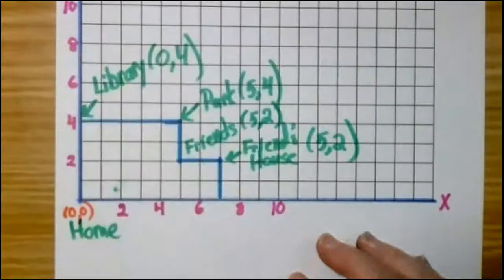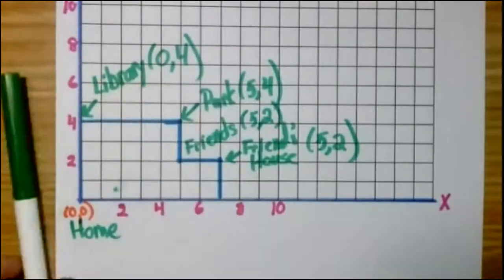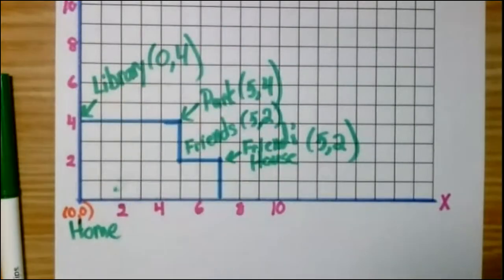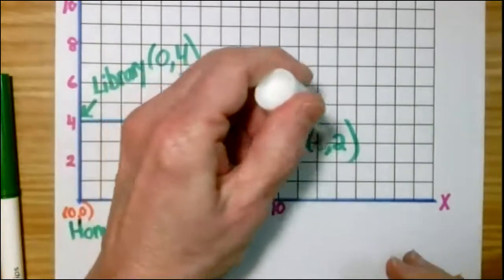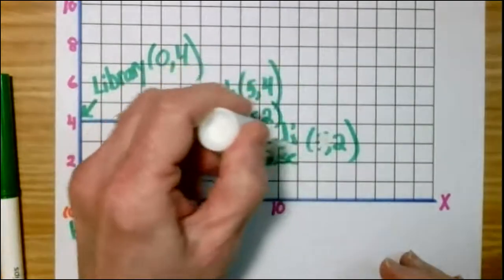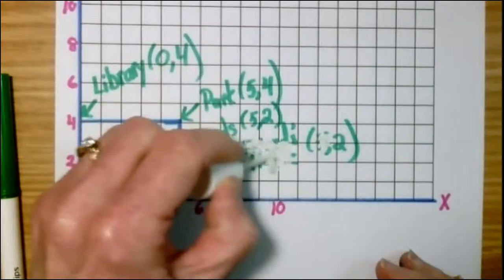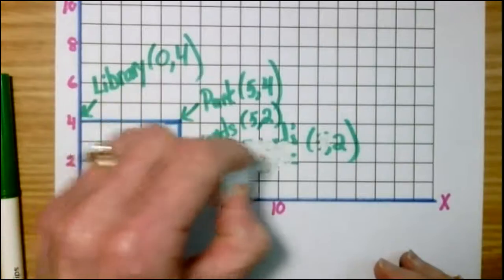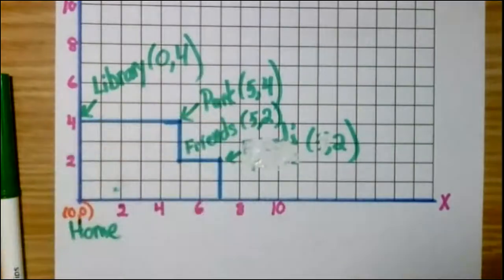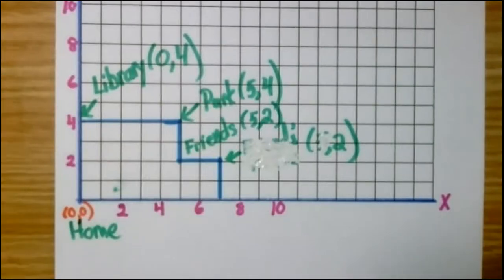Hope some of you out there noticed that. So this is not the friend's house. This is the pond at 7, 2. Let's change that. I don't know if my whiteout works too good. We'll try it. Gotta cover it up a little bit. Okay, so friend's house we got, and now 7, 2 is the pond.